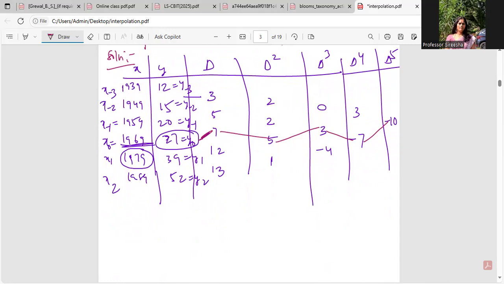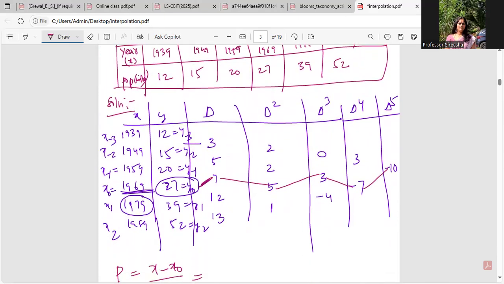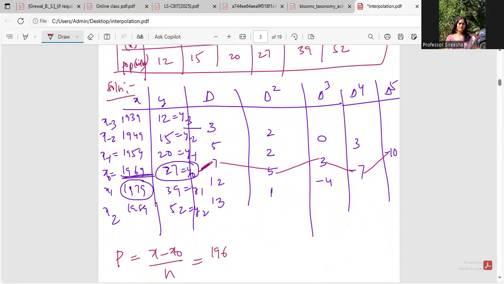I can just write what's the value of p. p is (x minus x naught) by h. What's x been given to me as? 1964. 1964 minus x naught, which I have chosen to be 1969. h I can clearly see: x1 is equal to x naught plus h, and x naught plus 10 is giving me x1, so h is 10.